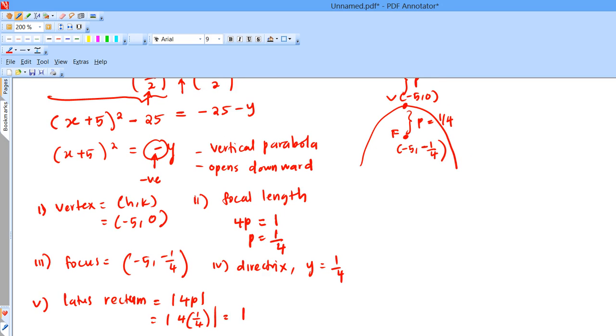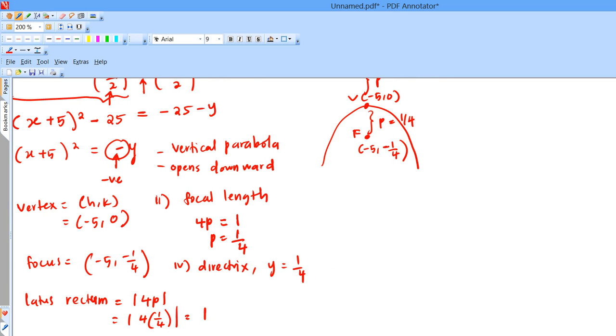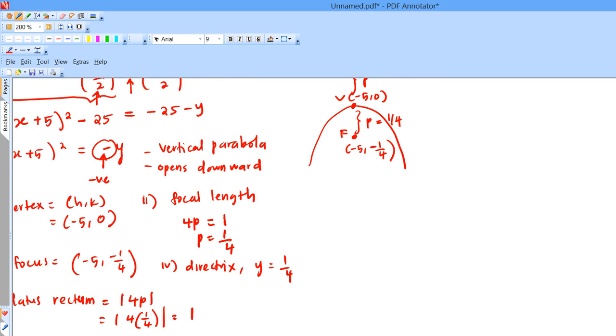So how to sketch the graph? If we have the x and y axes, we know that the vertex is (-5, 0).